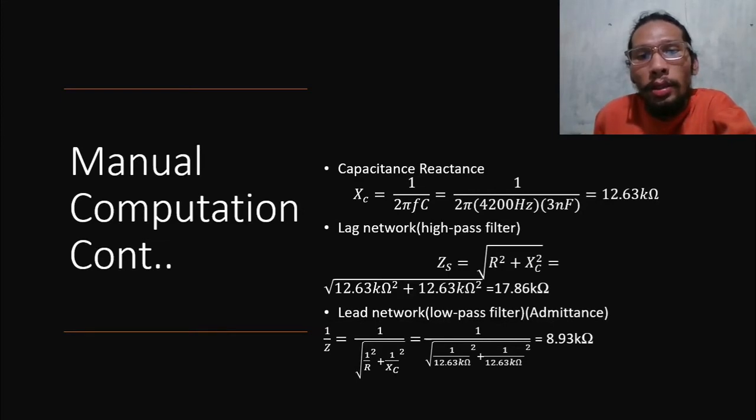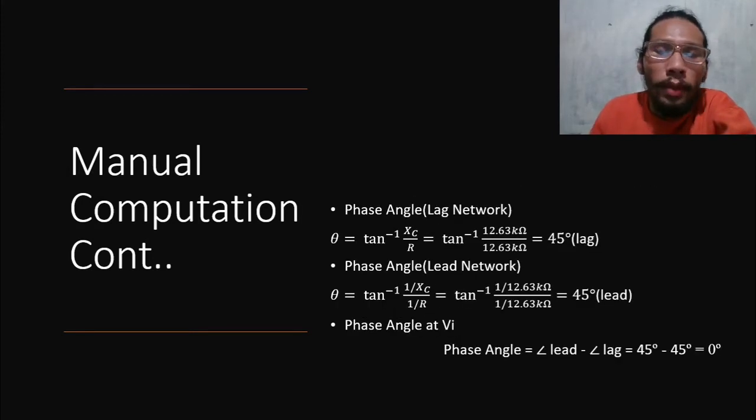And for the lead network or the low pass filter, I use the admittance formula, 1 over Z is equal to 1 over the square root of 1 over R squared plus 1 over XC squared, and that results to 8.93 kilo ohms.